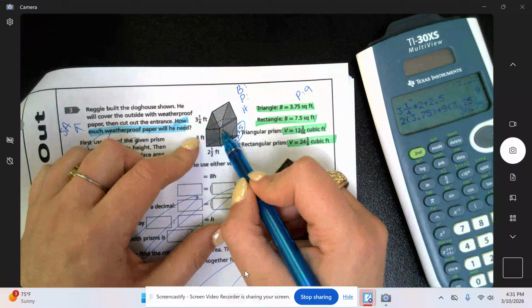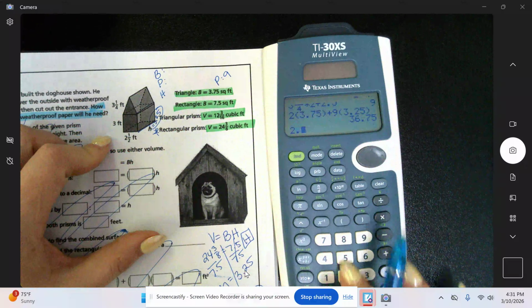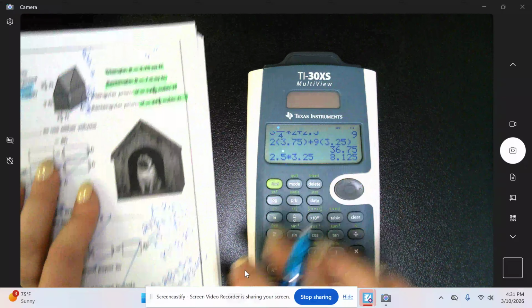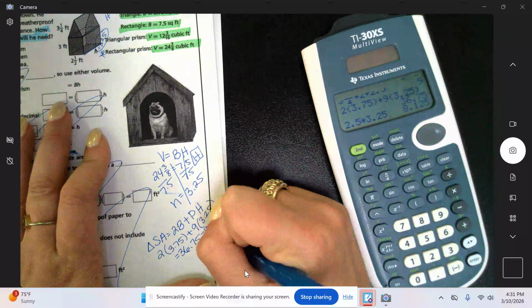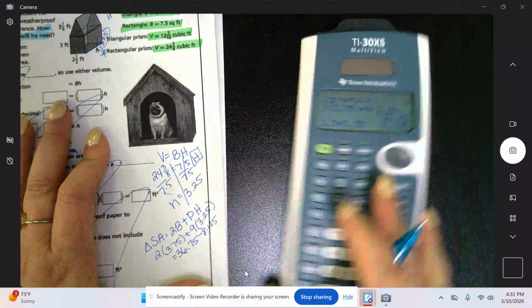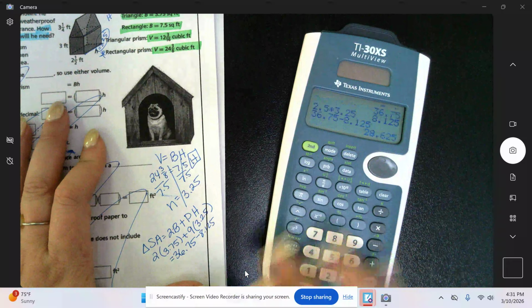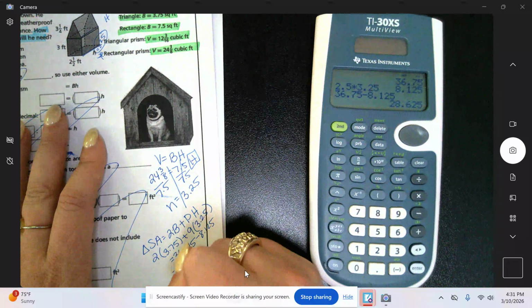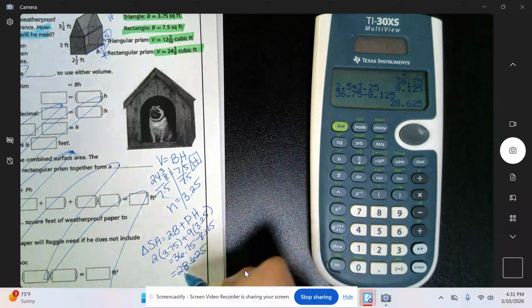It's 2 1/2 by 3.25, so we have 2 1/2 times 3.25, which gives me 8.125. That needs to come out of the surface area that we found. So minus 8.125. So the final surface area of that outside triangle is 28.625. That's just of the triangle.